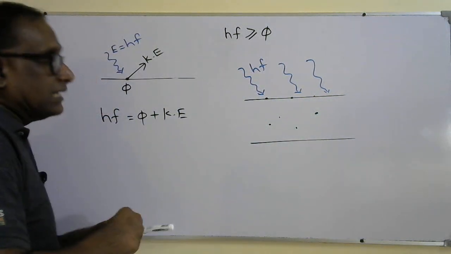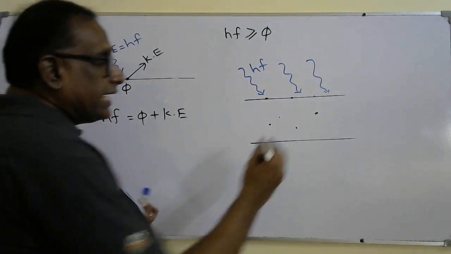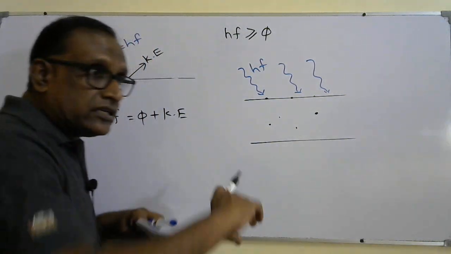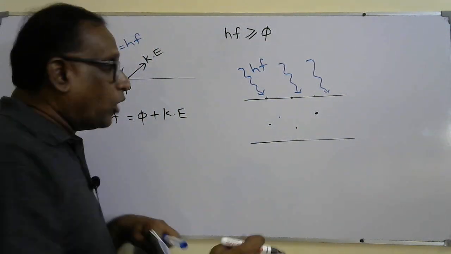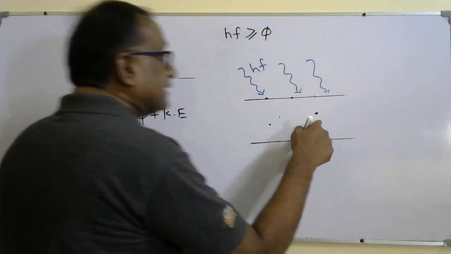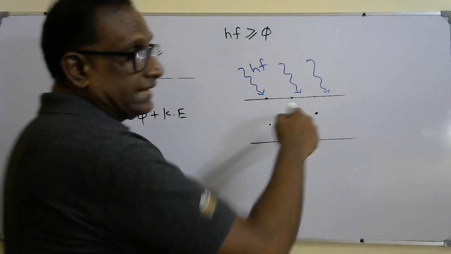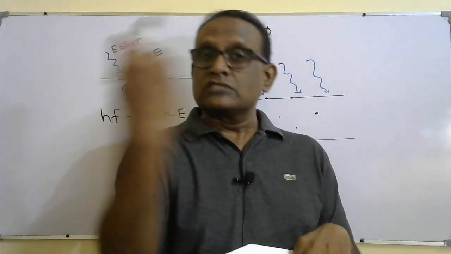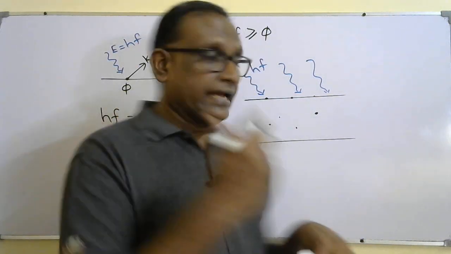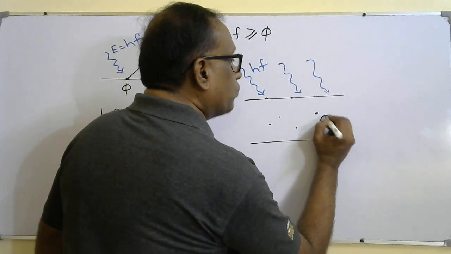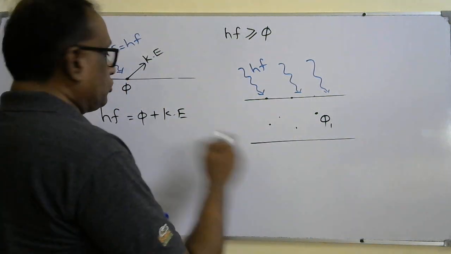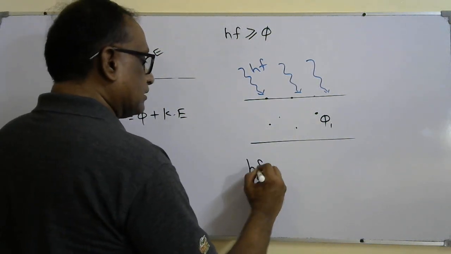Okay, we'll consider the inner portion. For an electron inside, the energy required to remove it, to break the bond, will be greater compared to the surface electron, because an inner electron might have attractive force from many surrounding nuclei. Let that energy be phi 1. So the energy of the photon is the same, hf.